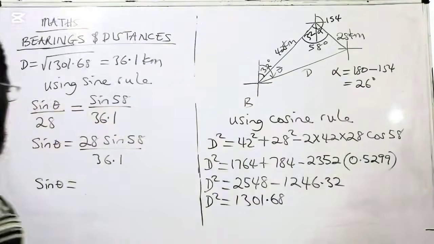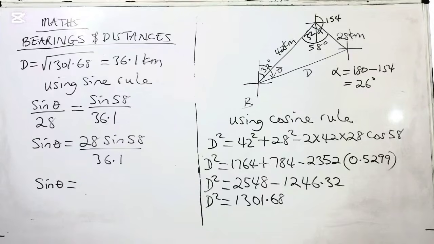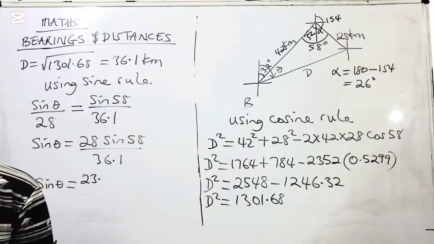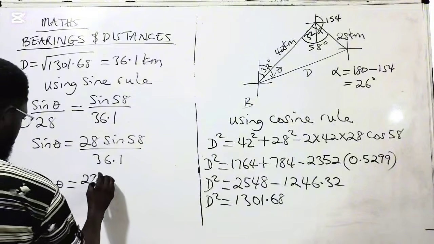So I'll get sine theta equal to. Let's work on that now. We have 28 times sine 58, that gives 23.75.